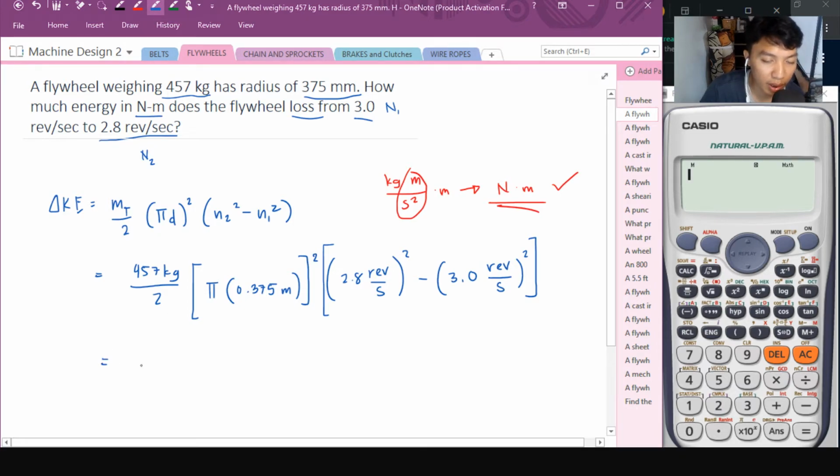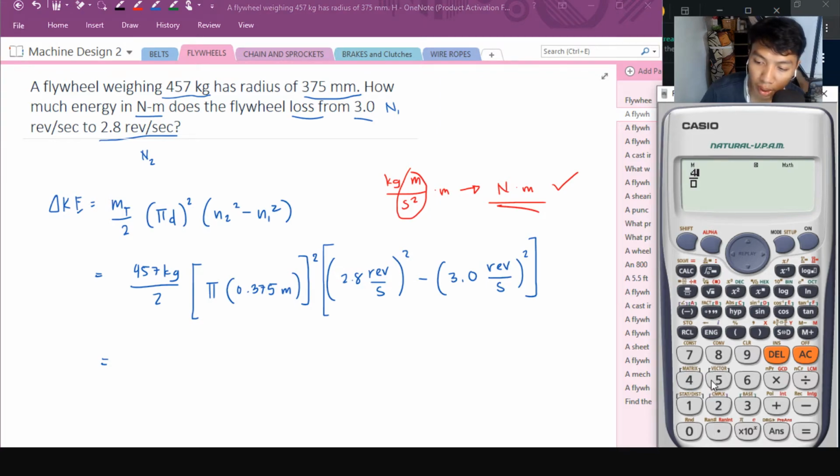So, we have an answer of 157. Divide natin ng 2. Multiplied to pi times 0.375 square the value times 2.8 squared minus 3 squared.